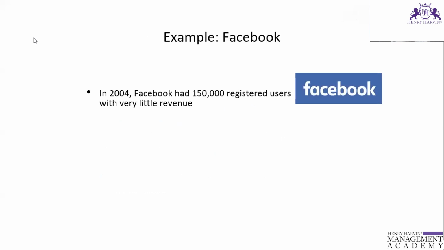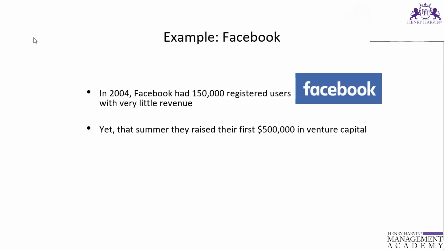After testing inside the university, they got a couple of users from outside the university also. In 2004, Facebook had 1.5 lakh registered users but little revenue. In summer, they raised around 5 lakh US dollars in venture capital. Later on, they raised an additional 12.7 million US dollars.